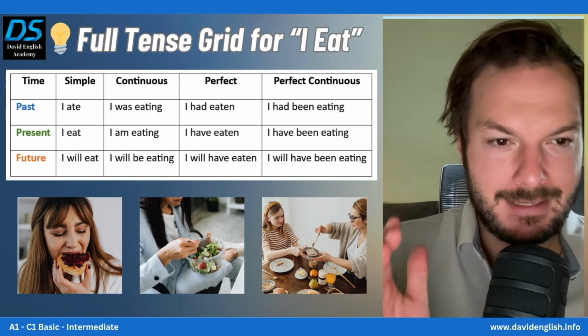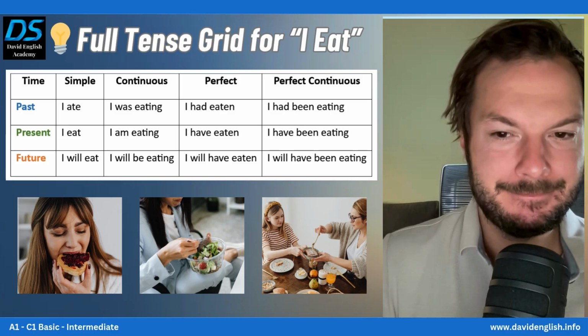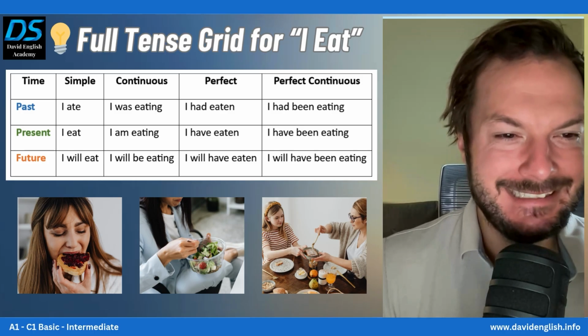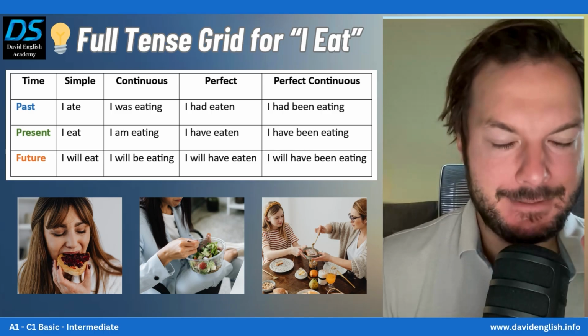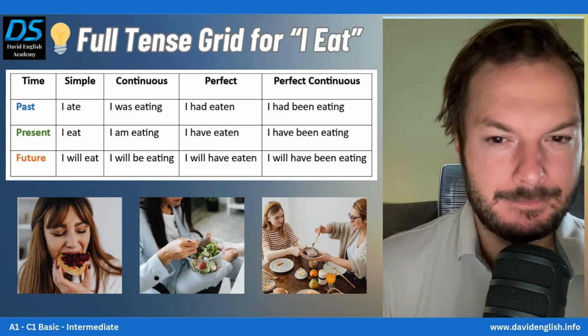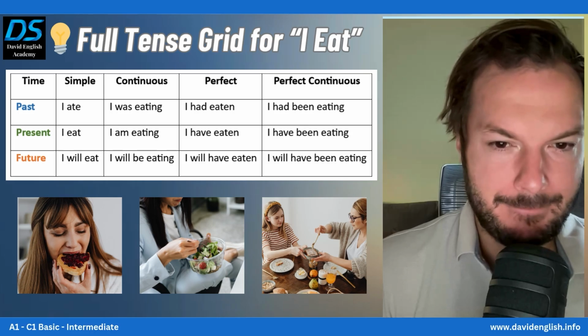The past is I ate, I was eating, I had eaten, I had been eating. Now for the present, I eat, I am eating, which is now. I have eaten, which is connected to the present.